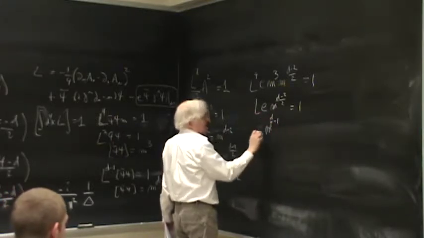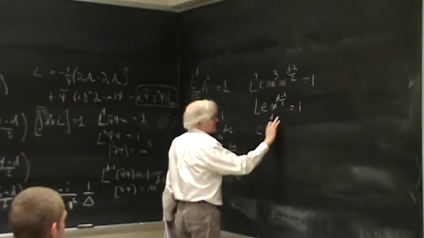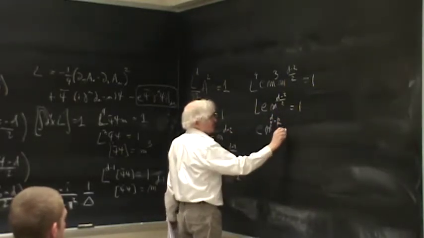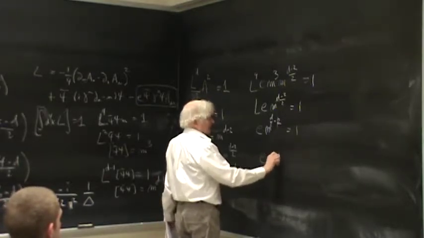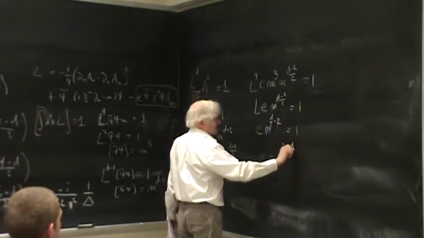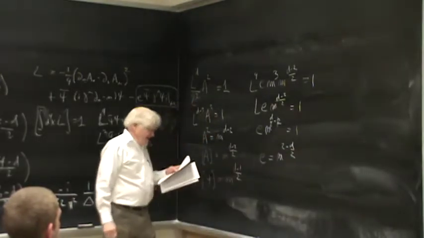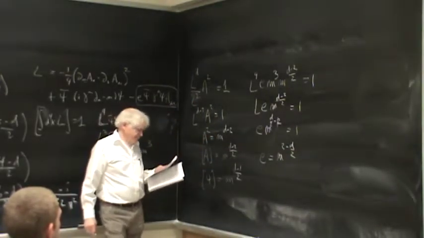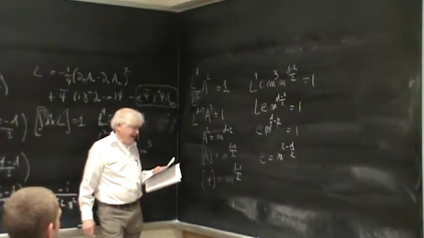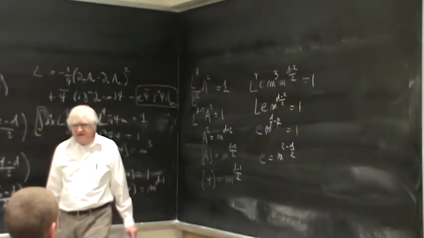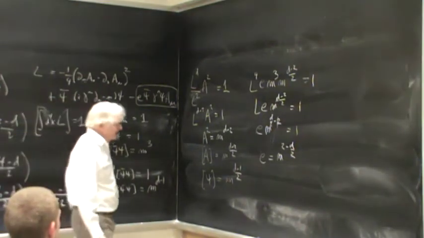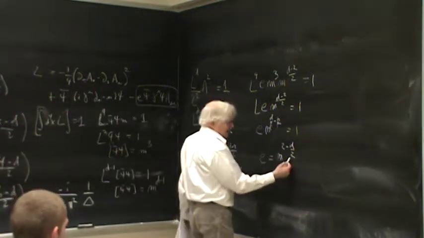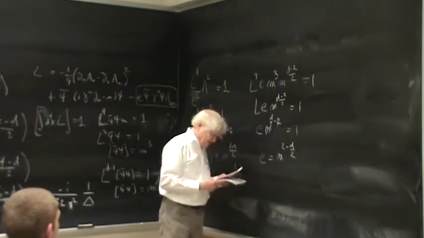Dimensions of L are m to the minus 1, so this is minus 2 equals 1. So the dimensions of E are m to the 2 minus d over 2. So that means that E, which always was dimensionless, in d dimensions acquires a dimension, a funny dimension.